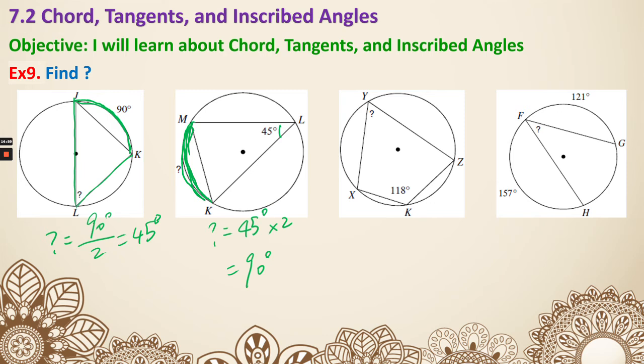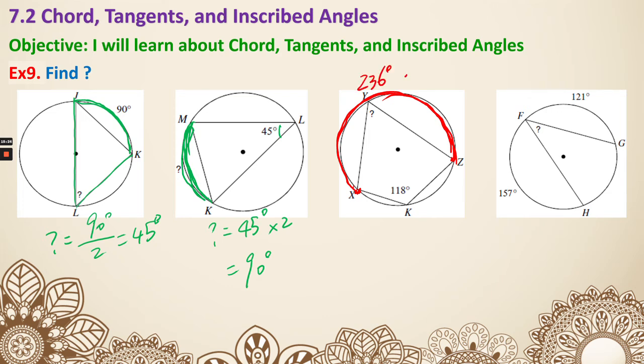We know the point y is asking about the question mark, so we're going to play with the arcs first. There's one thing that's given, this 118. That's facing this arc, with endpoints right here and here. By the inscribed angle theorem, the arc is going to be 236 degrees.